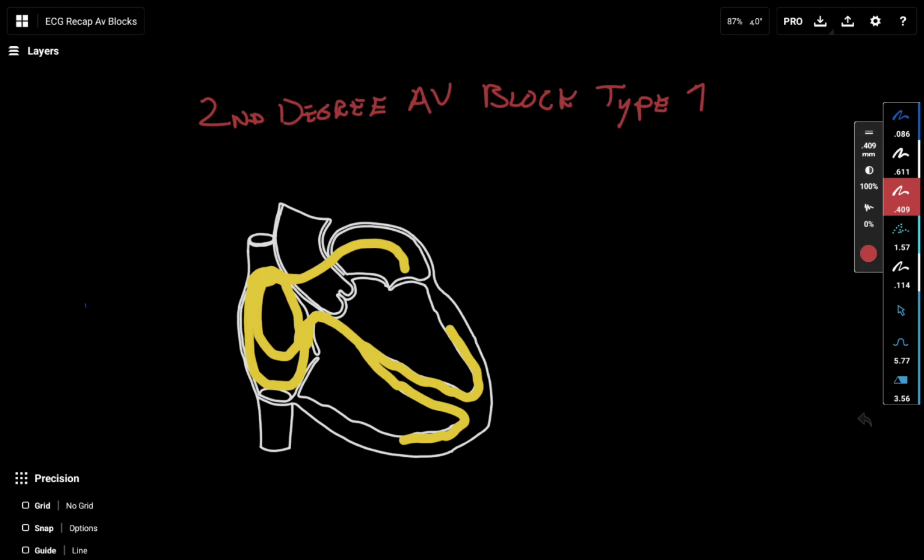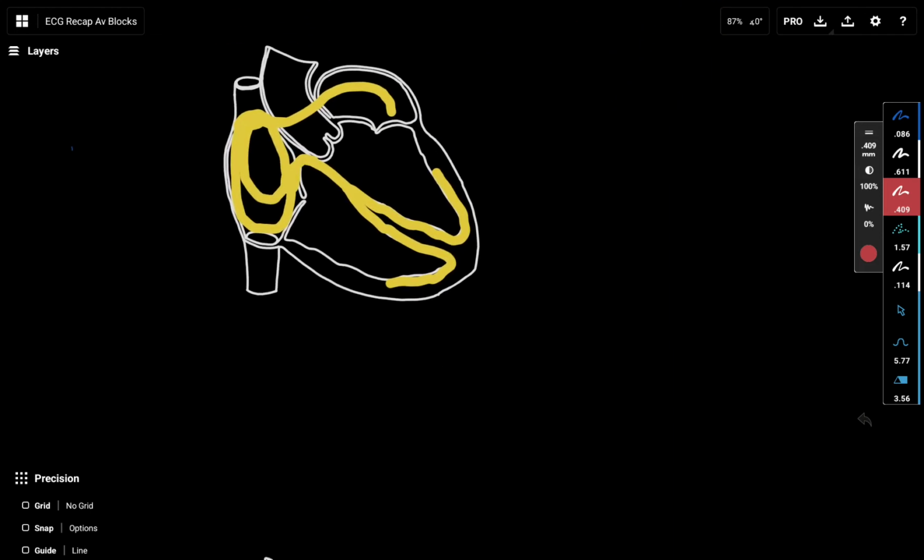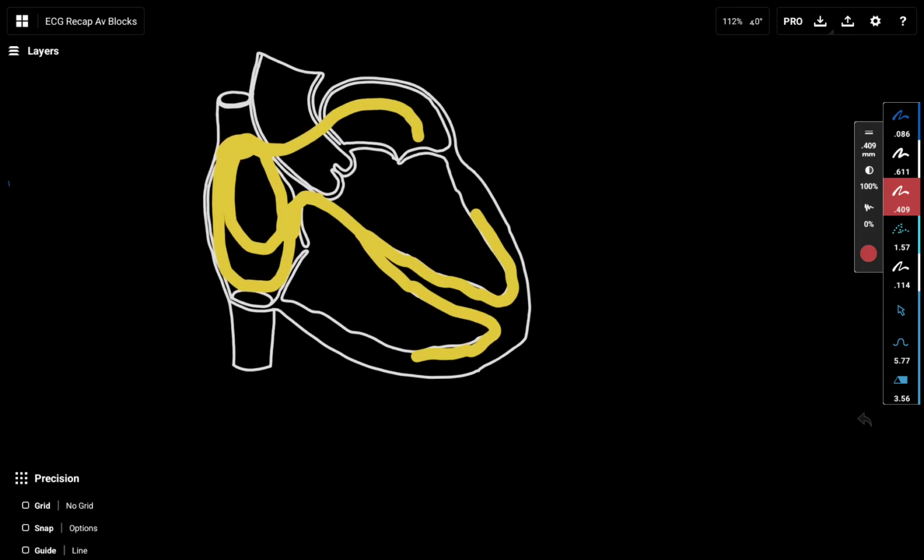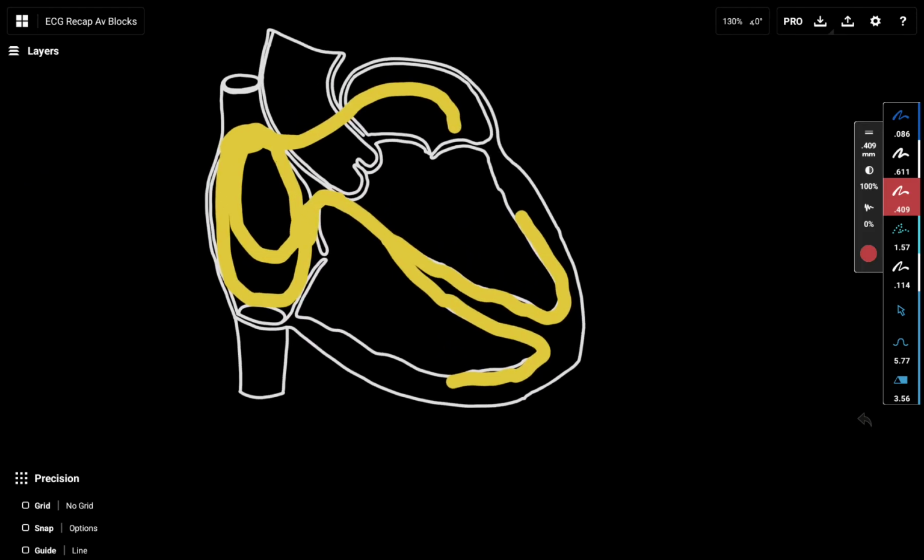So what happens here is slightly different. Your action potential will still generate in your SA node, and the action potential will travel with no problems in your internodal fibers and through the Bachmann bundle, and reach here your AV node.